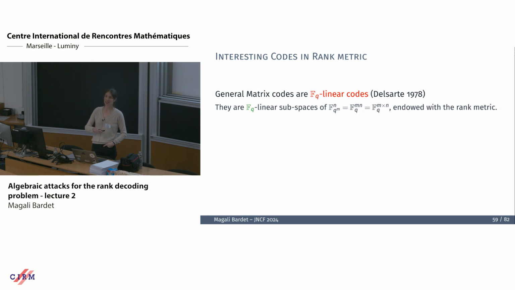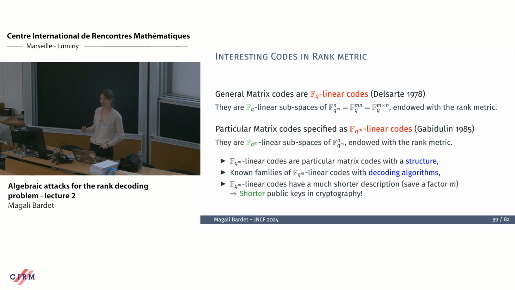But in the Fq^m setting, you can also look at particular codes that are Fq^m linear codes. And now you have a basis. So each row of the generator matrix represents a matrix in the matrix setting. But instead of just taking a multiple by elements over Fq, you take also linear combinations over Fq^m.